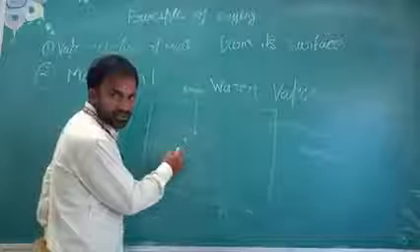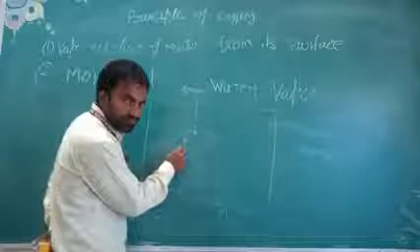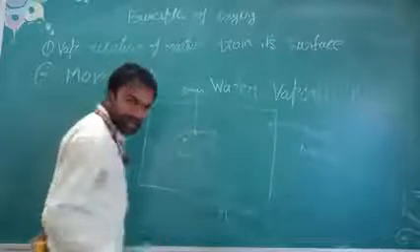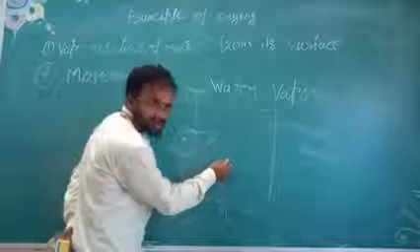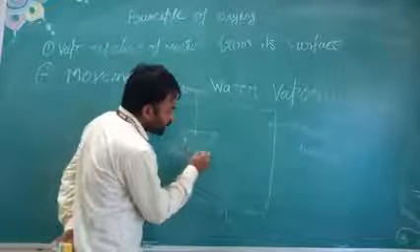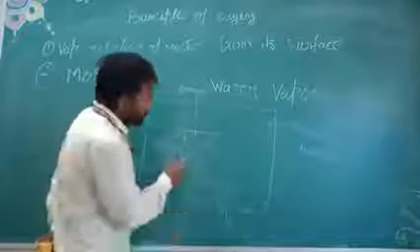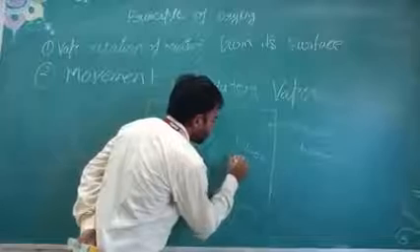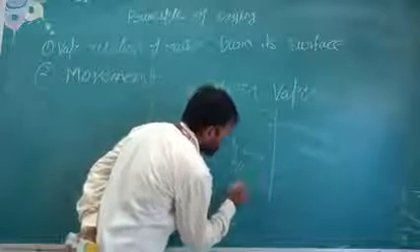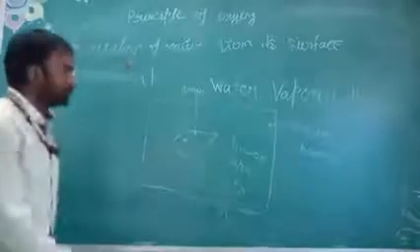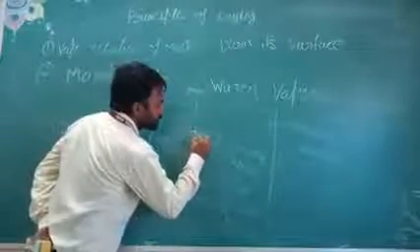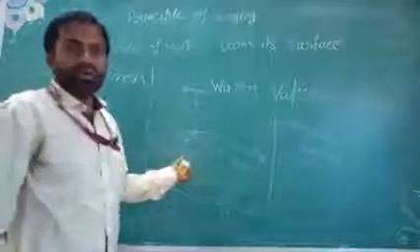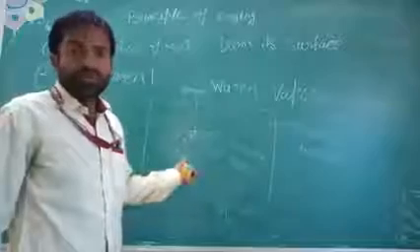If we lower, or if we increase, the water vapor pressure inside the grain in comparison to the drying chamber, water will move from higher vapor pressure to lower vapor pressure. It is higher vapor pressure. And vice versa is also applicable here.